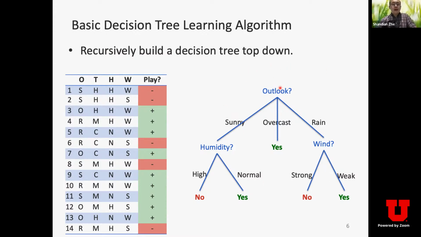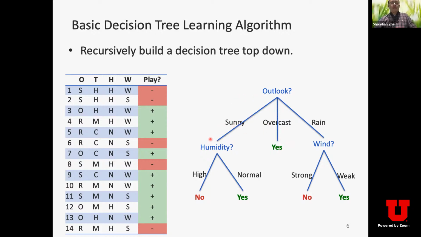You can see that the tree only has 2 levels. At the beginning, our ID3 algorithm will pick this outlook attribute to split the data set, because outlook can take 3 possible values: sunny, overcast, and rain. So it will grow 3 branches, where each subset contains examples which take a particular value of the outlook.